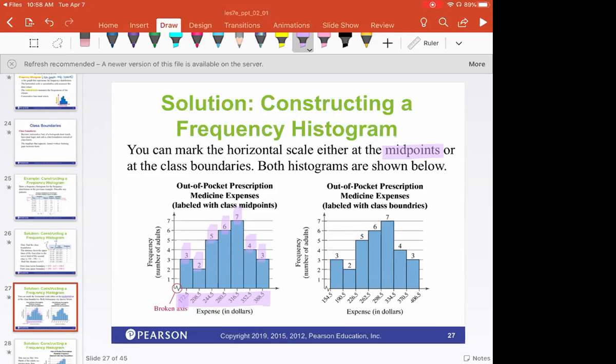Now, the reason we did these lower limits and subtracted the 0.5 is so we can have the other graph labeled as class boundaries. So these are your class boundaries. You see how they're on the left side, on the lower end?